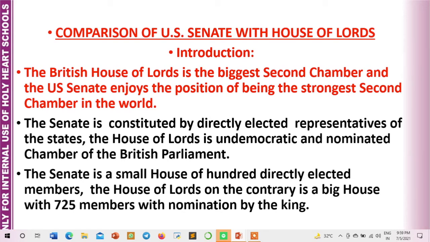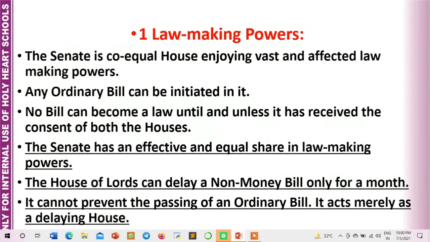All are nominated members. It is the biggest house but of nominated members. The Senate is a small house of 100 directly elected members. The House of Lords, on the contrary, is a big house with 725 members nominated by the king. King or queen, whosoever is the monarch, nominates the members to the House of Lords.